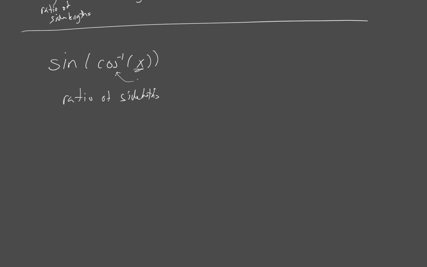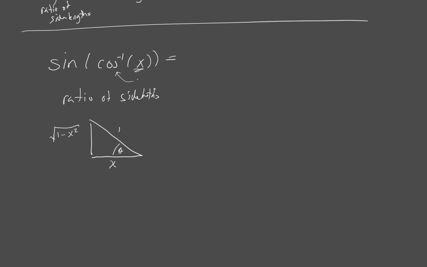That means there's a triangle associated to it where the cosine is equal to that ratio. The cosine, let's put in a theta here, is the adjacent over the hypotenuse, so this ratio should be x over 1.